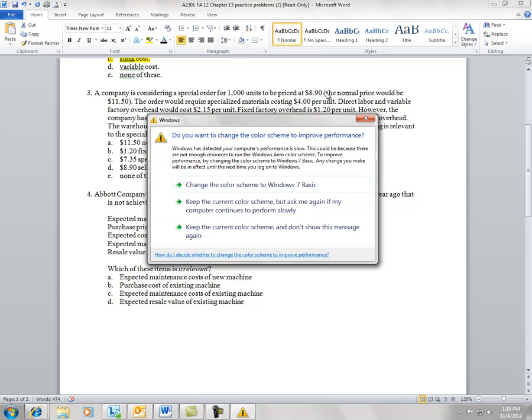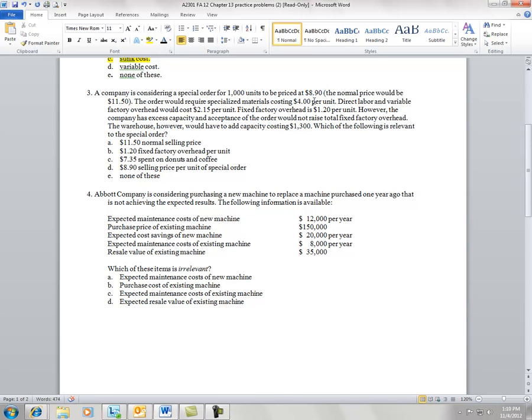And if we move along through here, the special order would be for 1,000 units, priced at $8.90. And we're given some other information about the materials, about the direct labor. So it looks like there's several items here that the company would consider to be relevant. If we look at the options that we are given here, the normal selling price is not a factor. We're thinking about a special order here, so the company may not actually produce these units if they were not the special order.